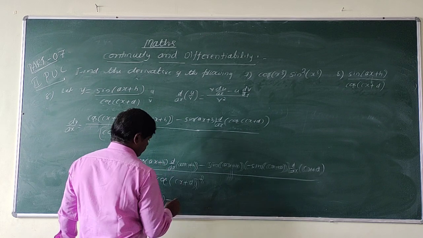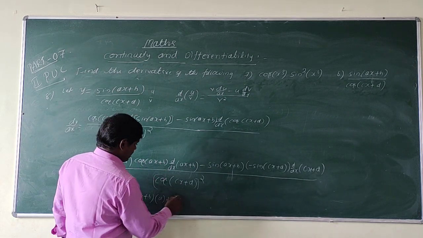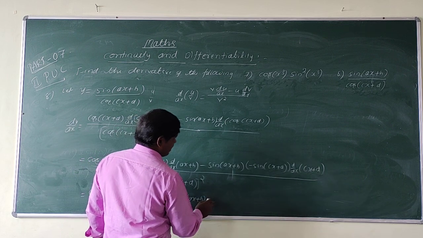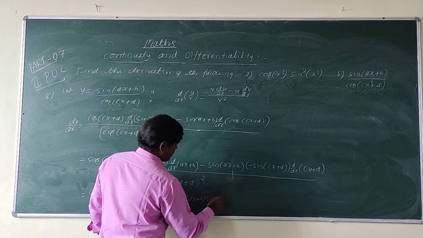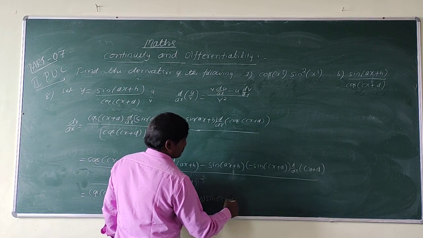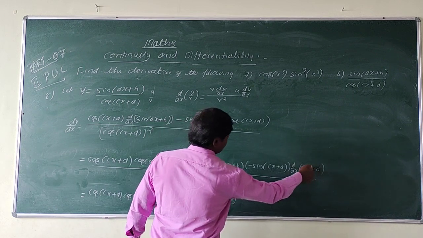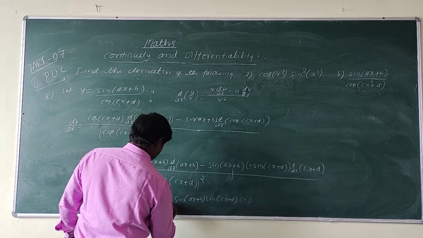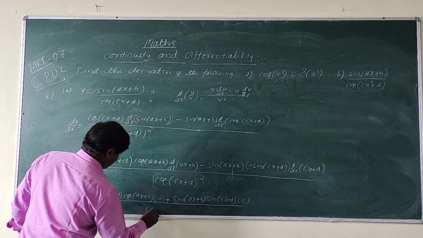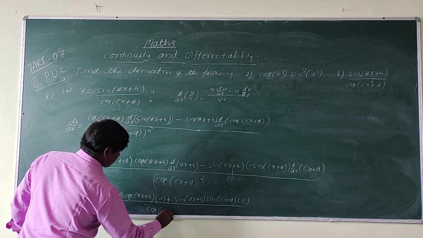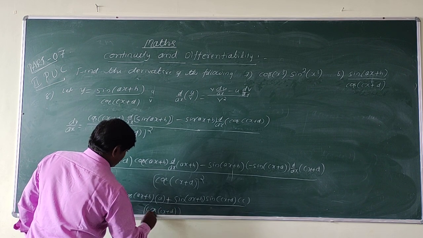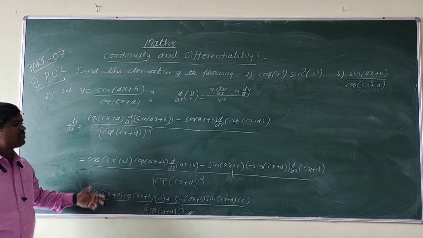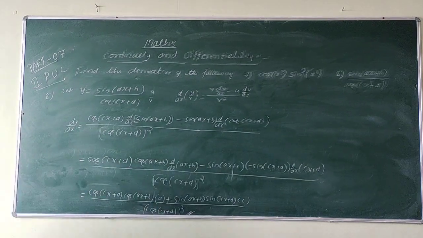Minus, I am taking this as plus, sin of ax plus b into sin of cx plus b. Differentiation of b is 0, differentiation of cx is c, whole divided by cos of cx plus b whole square. So this is the derivative of the given function.